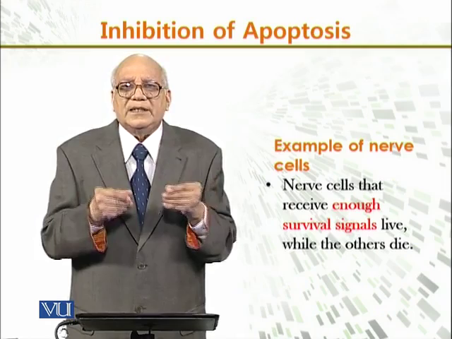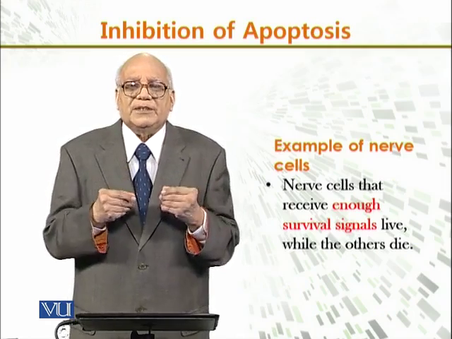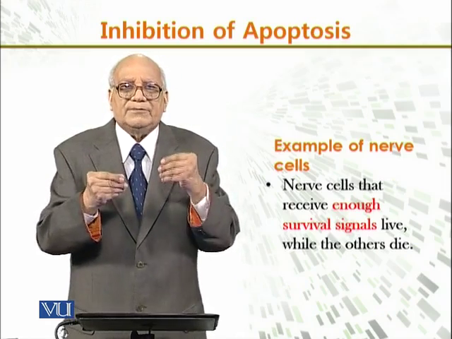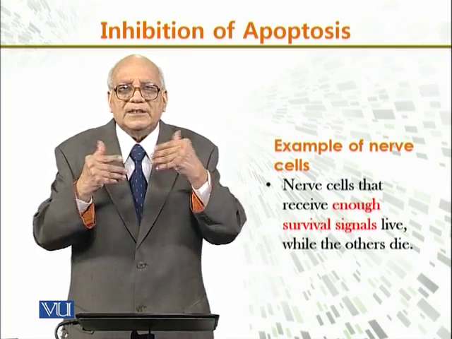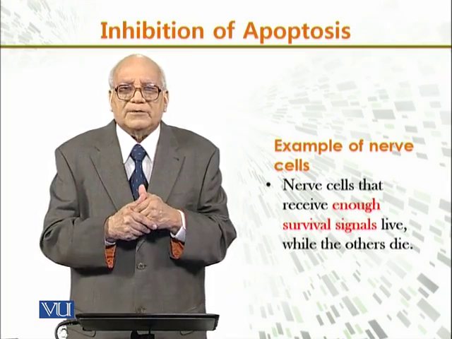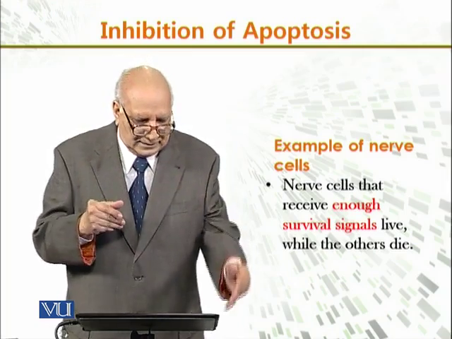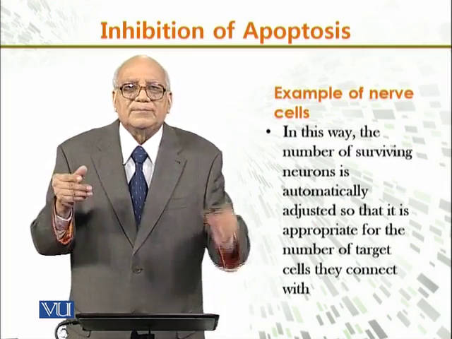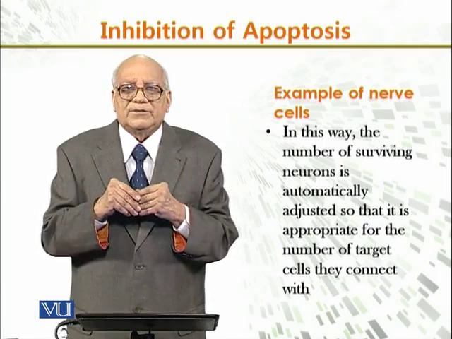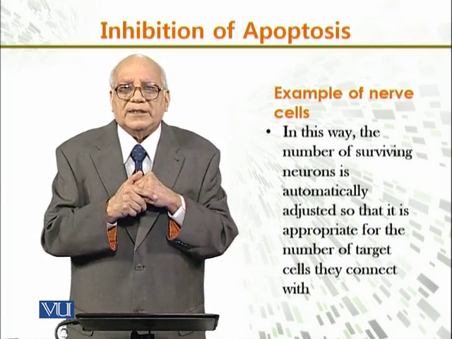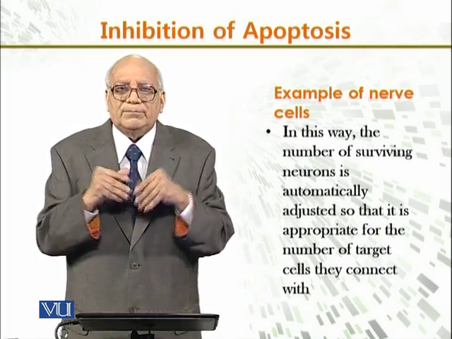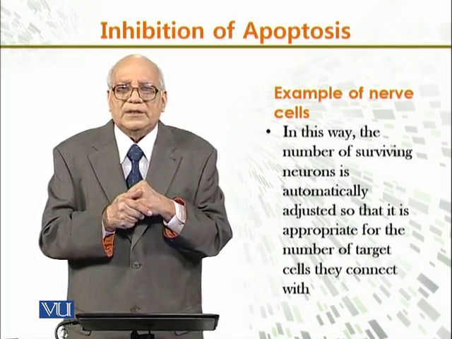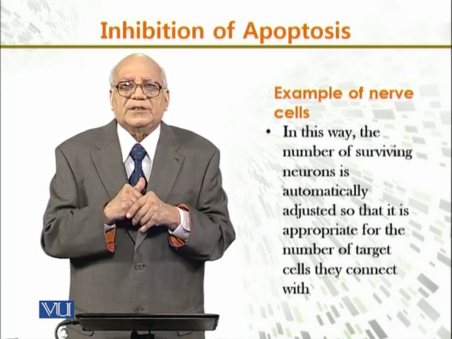Nerve cells are a very novel type of cell, and those cells which receive enough signals will survive, while the other cells which receive less signal don't survive. So, in this way, the number of surviving neurons is automatically adjusted.